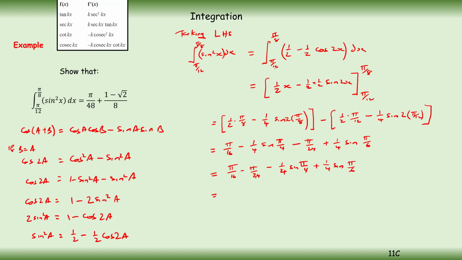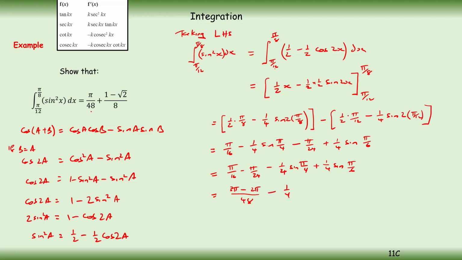So the common denominator here is 48, which is great because that's what I'm looking for. So out of 48, I got times 3, so 3 pi minus times 2, 2 pi. That's great because that gives me my pi, so I've got to sort out the rest.